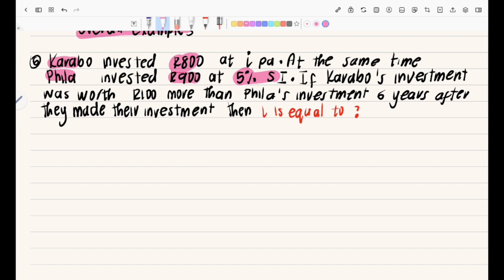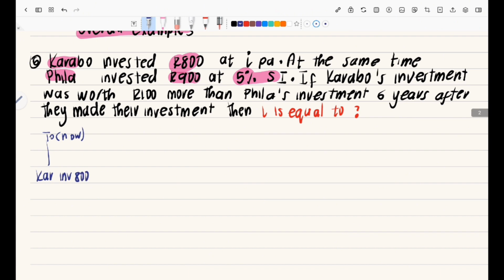With financial maths, you need to make sure that you draw your timelines. Timelines are very, very important, so I'll just show you how to do that. At time period 0, that is my now, Karabo invested 800 Rand.